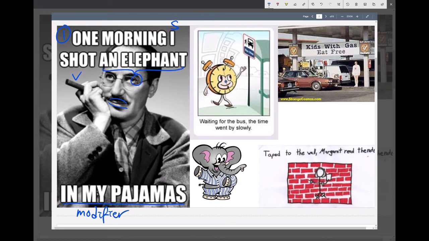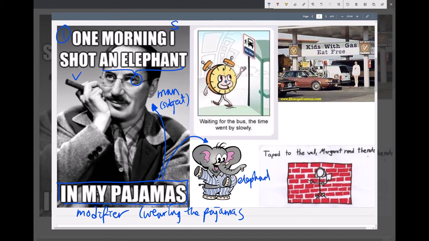So, the question is whether this modifier, in my pajamas, that is wearing the pajamas, is talking about the man, the subject, or is it talking about the elephant, the object?